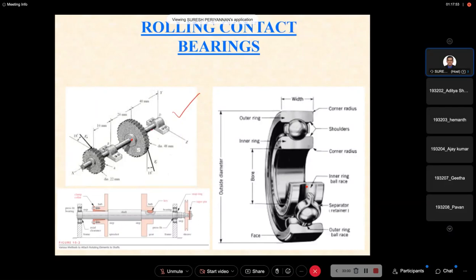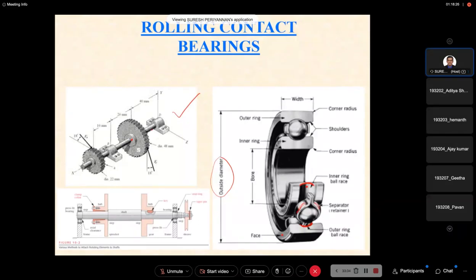This is the outer ring ball race, the curved surface where the ball is sitting. This is the separator or retainer. This is the face of the bearing. I am repeating this because, based on these dimensions, some of the bearing types will be discussed later. Now this is the outer diameter.